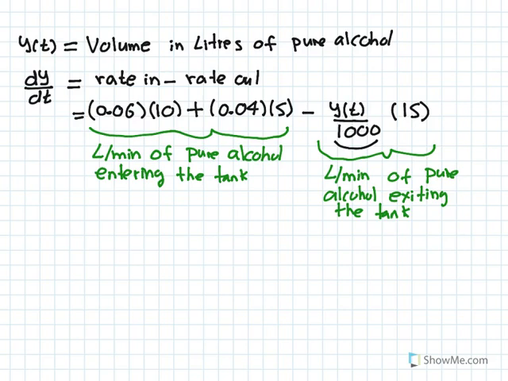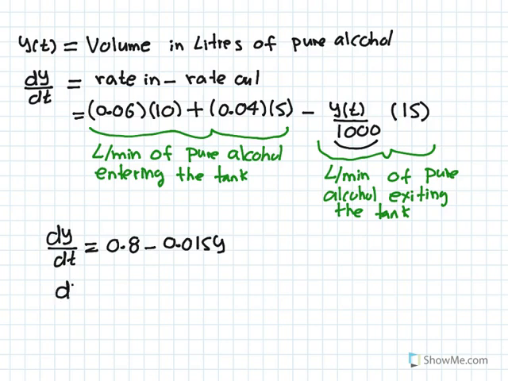All right, so the differential equation becomes dy/dt. If we simplify this, we're going to get 0.06 times 10, that's 0.6, plus 0.2, that gives us 0.8, minus 15 divided by 1,000, that's 0.015, 0.015y. Now let's separate the variables and solve this differential equation.